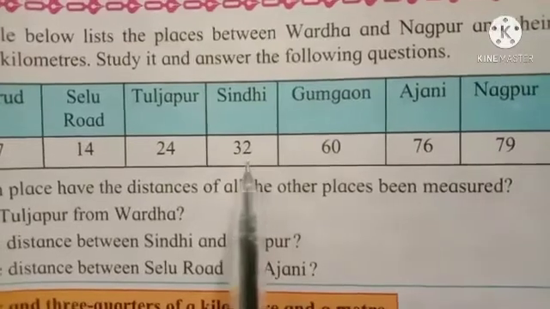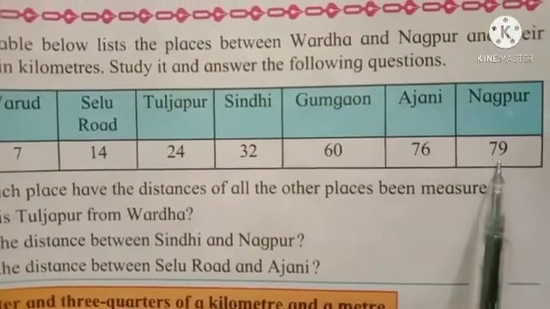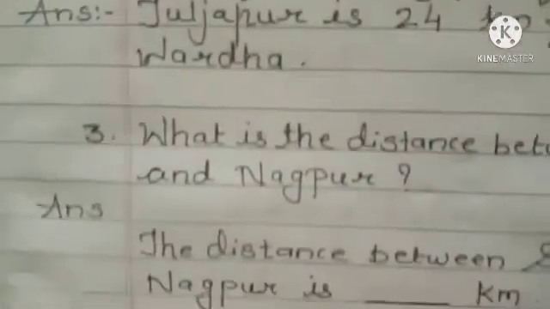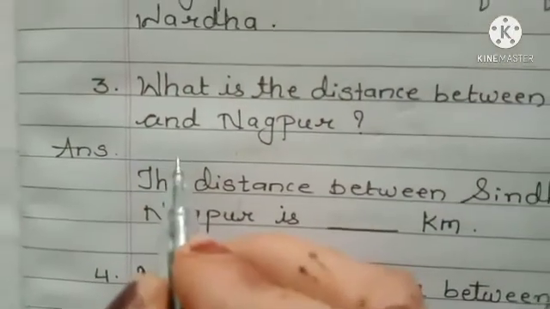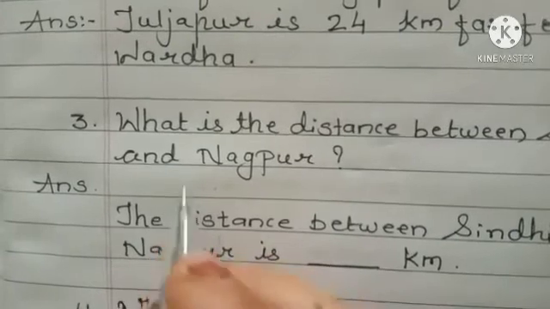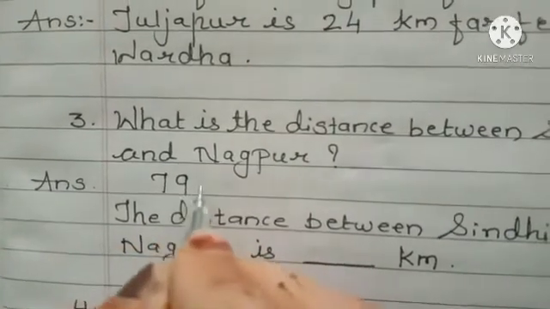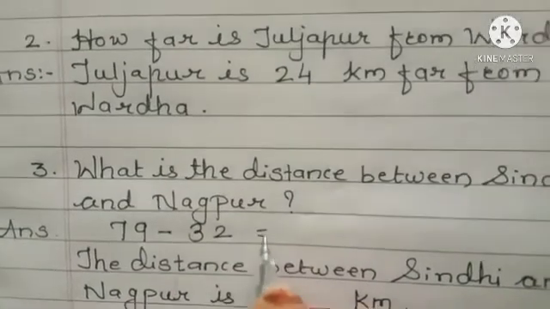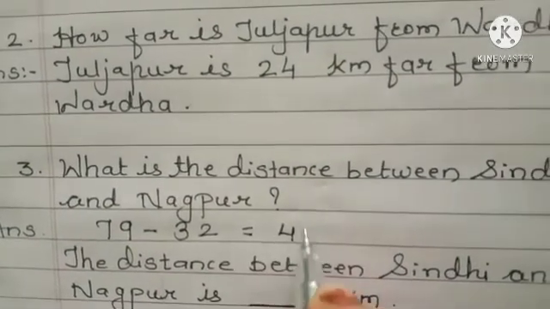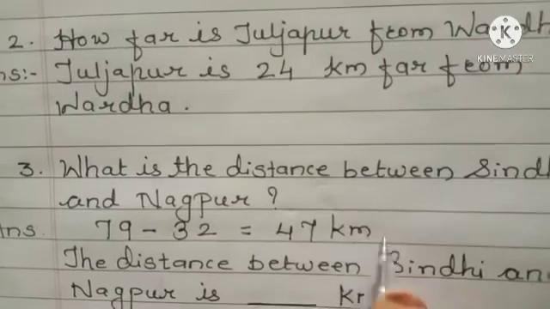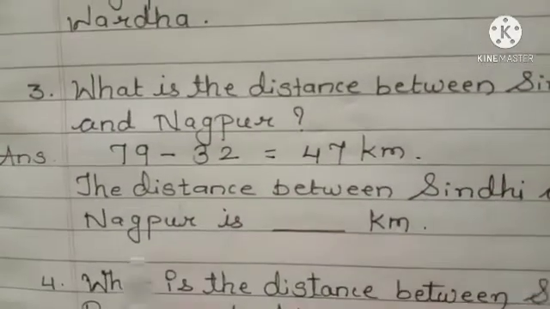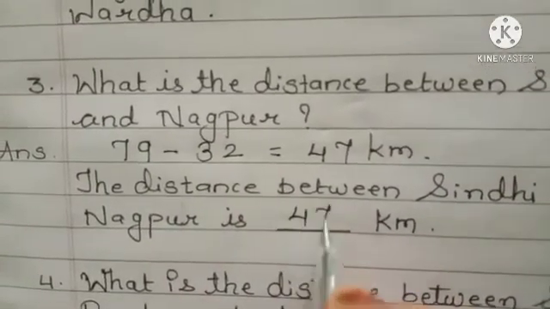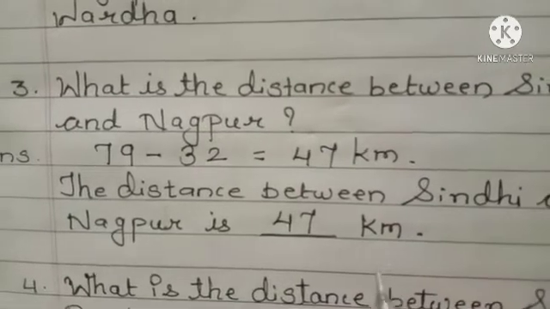So we will subtract 32 from 79. 79 minus 32 is equal to 47 kilometers. So the distance between Sindhi and Nagpur is 47 kilometers.